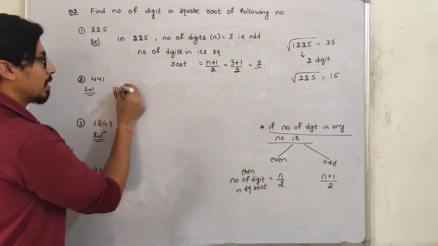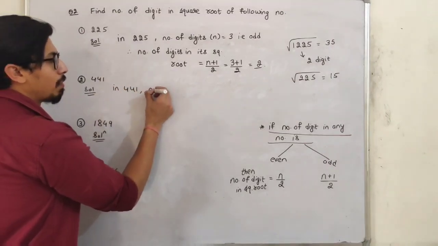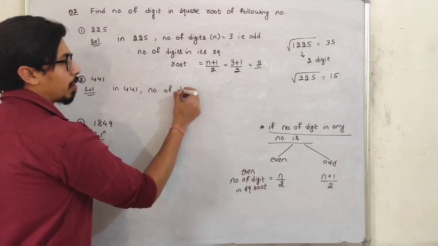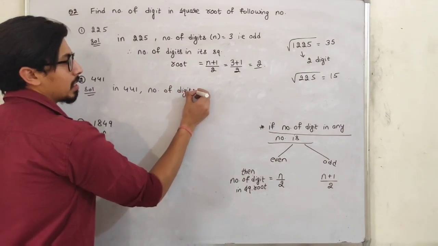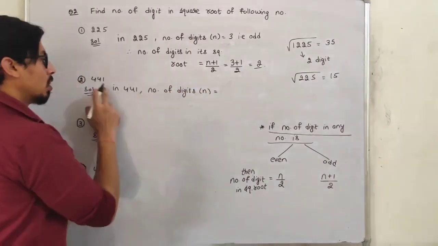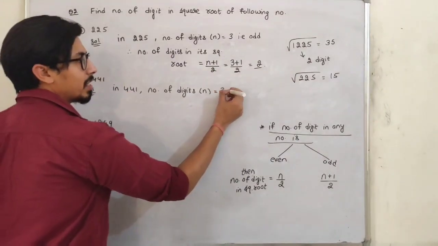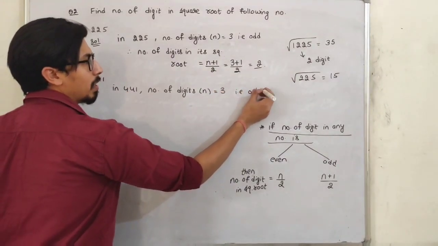So in 441, the number of digits n is 3, that is an odd number.